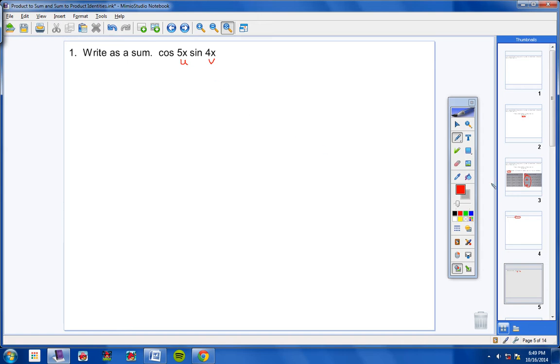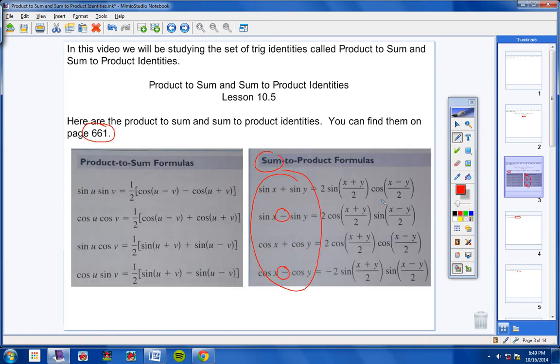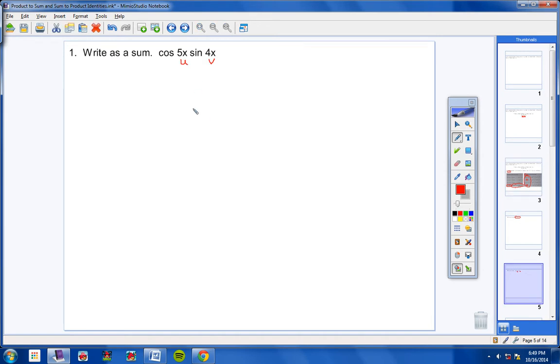Now go back to your trig identity sheets, and if you'll look, we have cosine times sine right here, okay? So we're going to take this and we're going to split it up into this over here, realizing that u is 5x and v is 4x, okay?